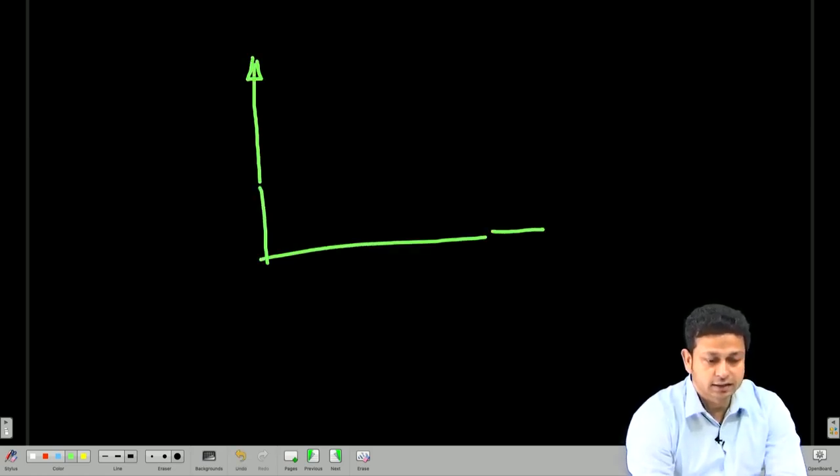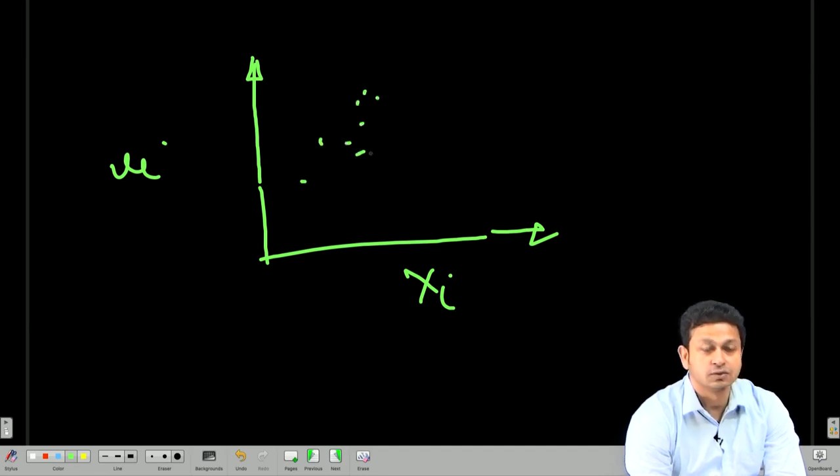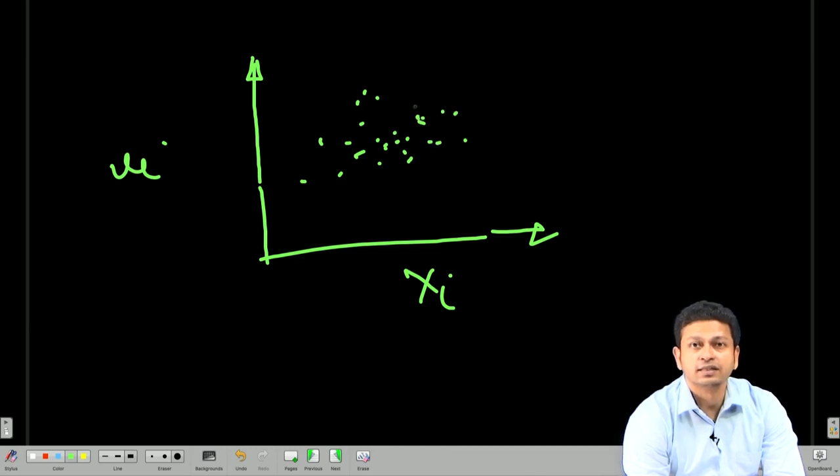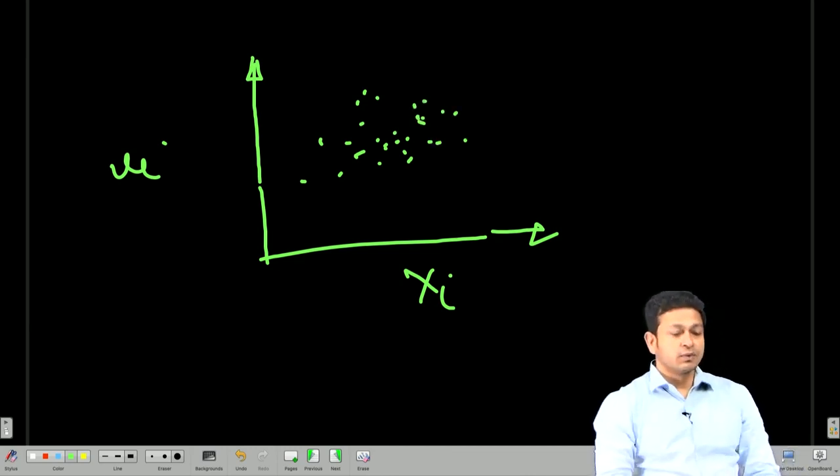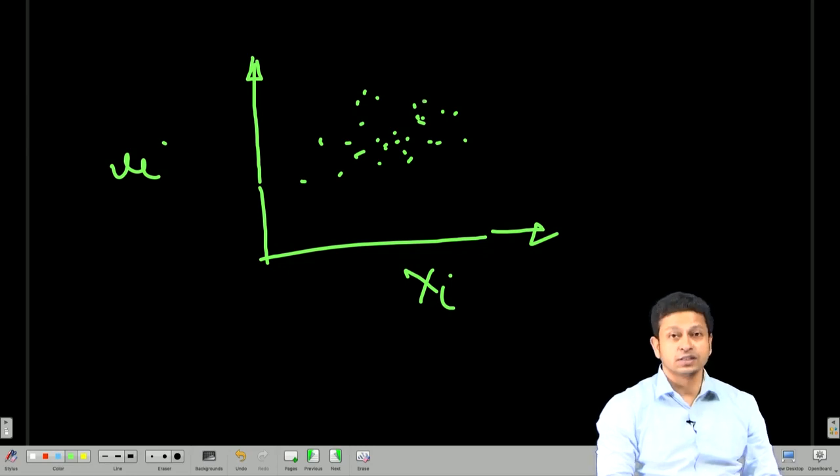Let's say this is the value of ui and this is the value of xi, and we will see something like this. If we have to perform this GQ test, we have to have something like this. We'll see how in different situations whether we can apply the Goldfeld Quandt test or not. But this is primarily the assumption that we have to make before we perform the Goldfeld Quandt test.